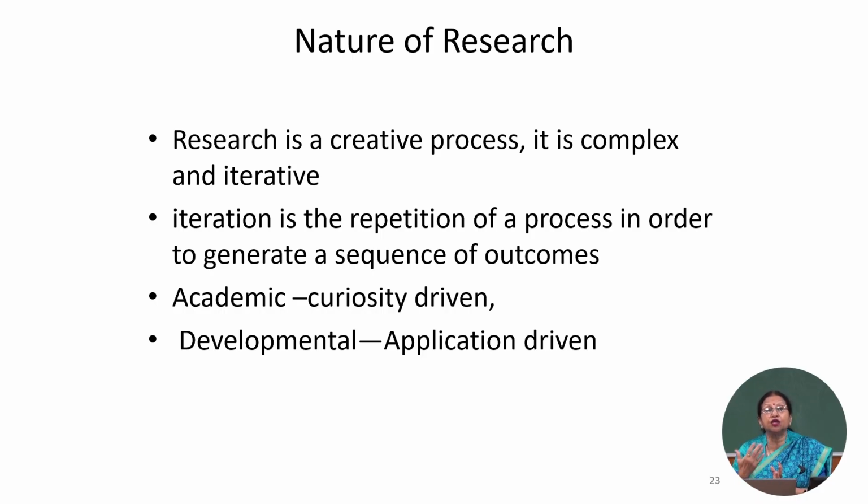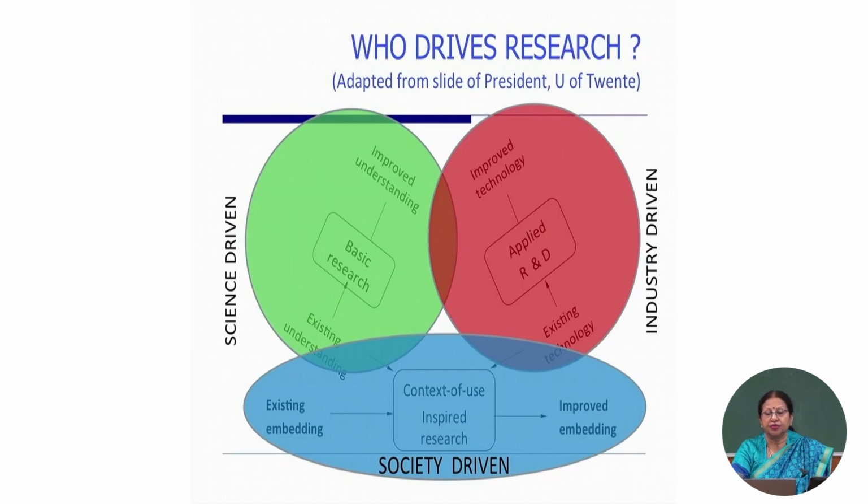So, people started looking for pesticides which were not having any human impact. So that is the developmental kind of research, which is application driven, where applying a safer chemical versus unsafe chemical was the main goal and purpose.